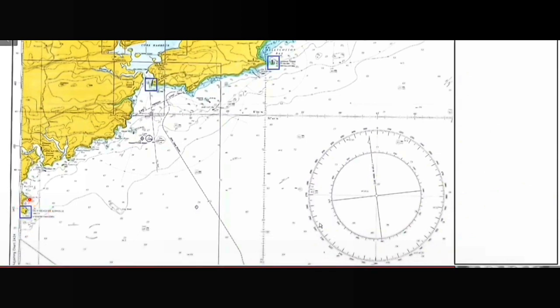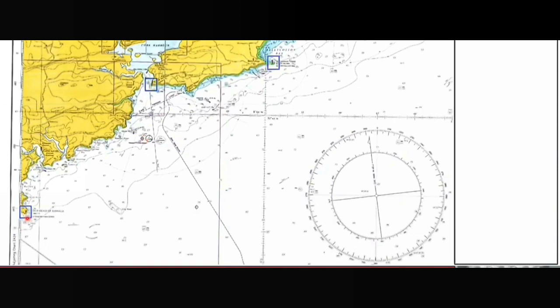Old Head of Kinsale, this is Roche's Point, and this is Ballycotton Island. Then we make pairs. Now, if you have three objects, you can make three pairs, one pair between these two objects, another pair between these two objects, and the third pair between these two objects.